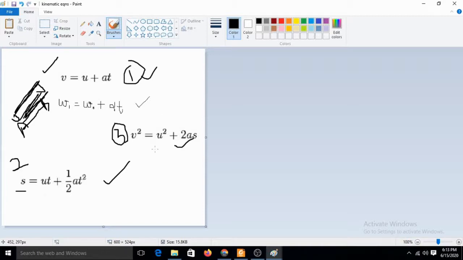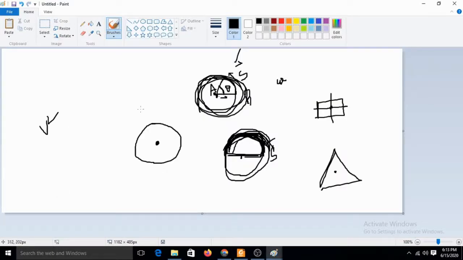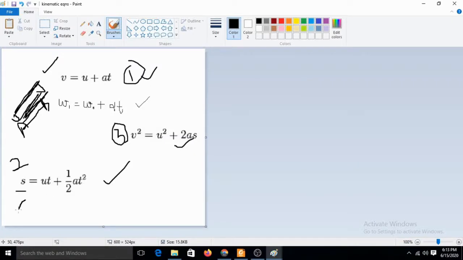As we took s for displacement, here we take theta for angular displacement in the second kinematical equation.